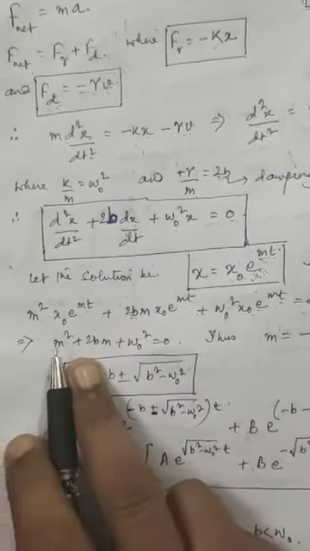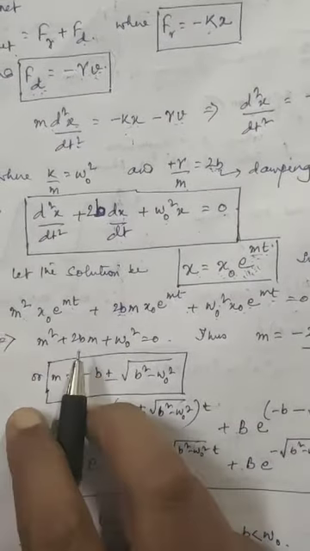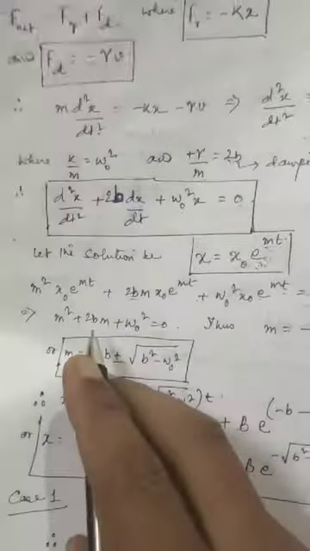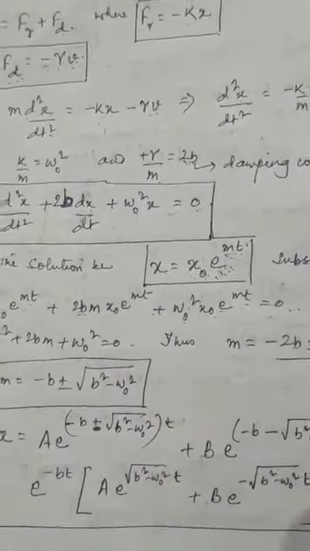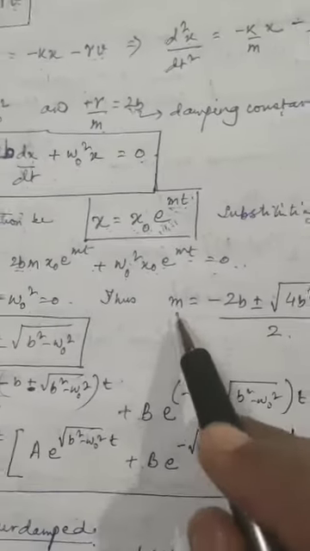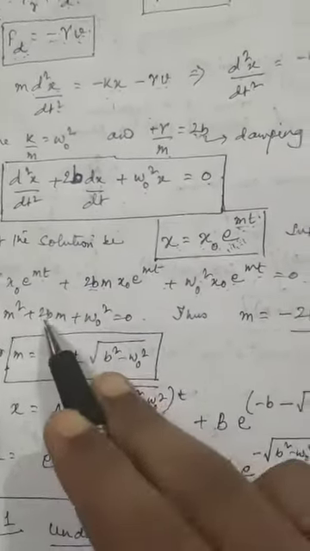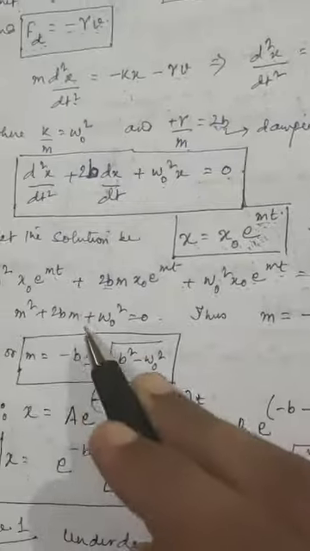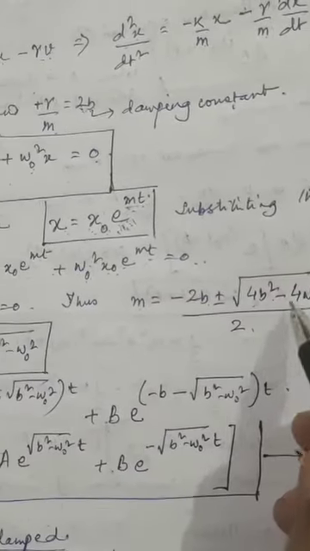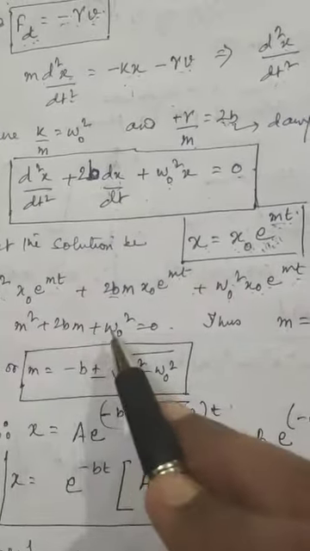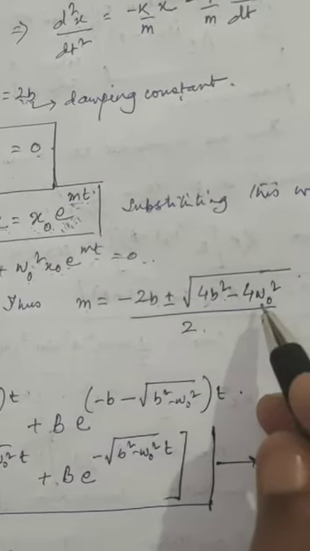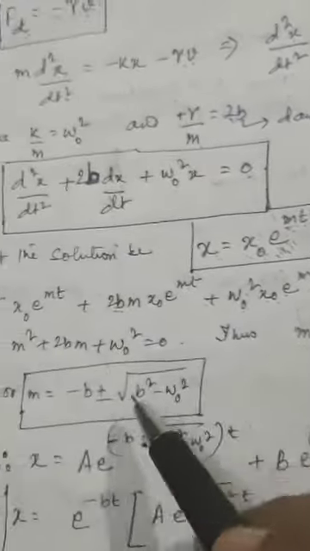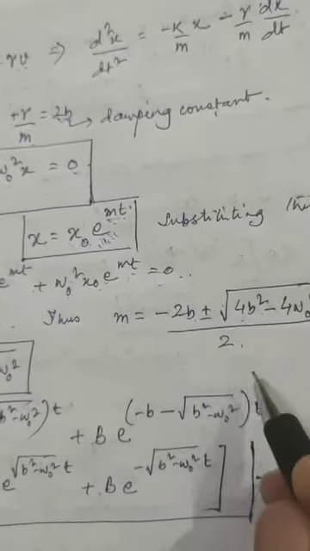So this is a quadratic equation, and we know how to find the solution of this quadratic equation, that is the m value. So m will have two values. That is minus 2b plus minus square root of 4b square minus 4, a is 1, c is omega naught square, minus 4 omega naught square, by twice of a, which is 1, so it is 2.